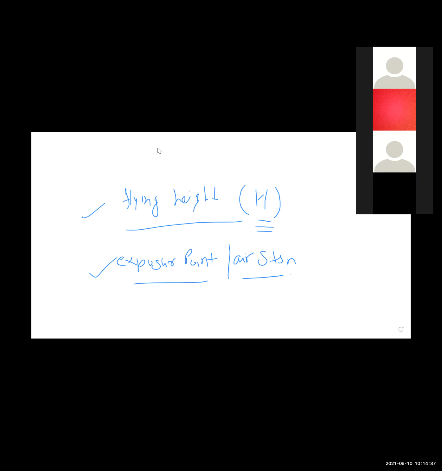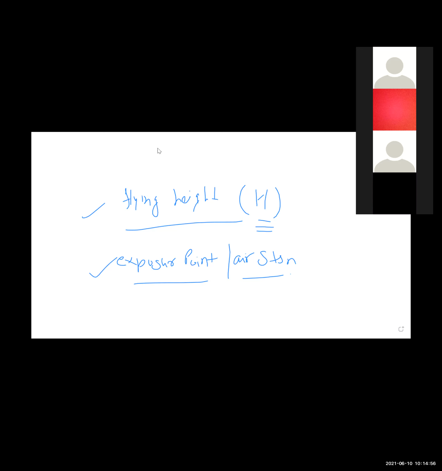Ma'am, from where photographs are captured in the air, means at that point where the camera is fixed or the lens is exactly fixed, above the ground.